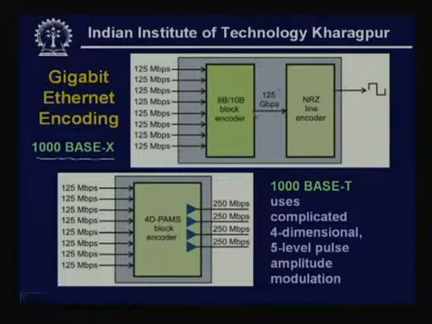So, the data rate that you get is 1.25 gigabits per second. This is the baud rate, and it uses NRZ line encoding to send data on the optical fiber or copper.